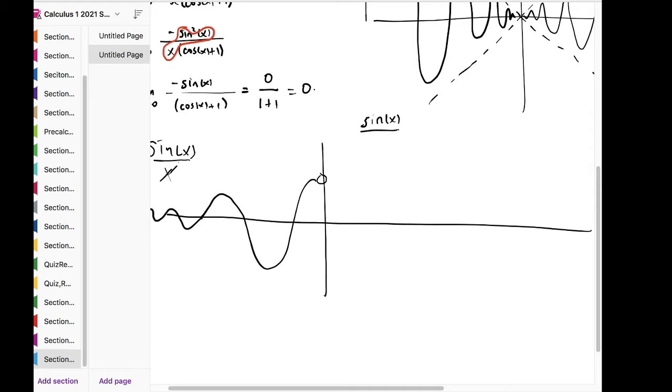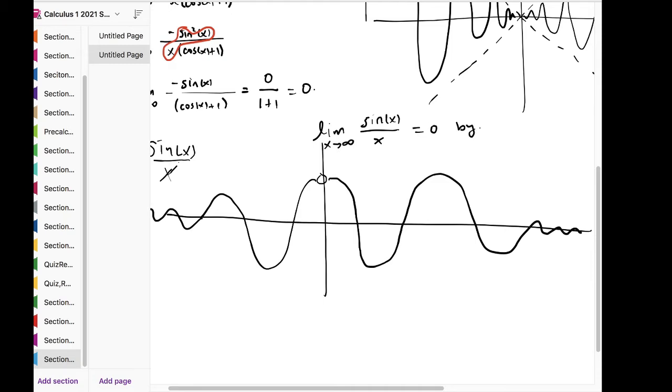do you see why it's 0? Can someone tell me why, actually? Why is the limit 0? Anyone?